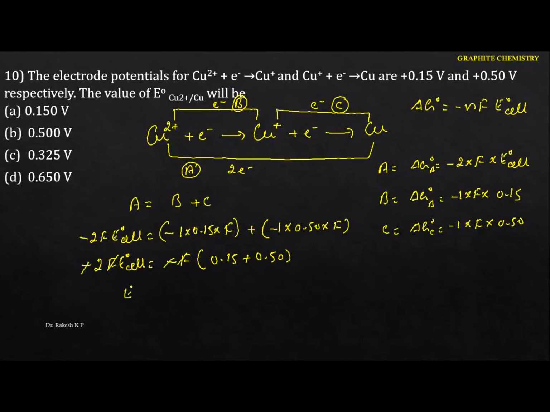The remaining: E naught cell is equal to, if you add this, 0.65 divided by 2. Here we got the value of E naught cell for the copper electrode, that is 0.325 volt. Hence in this case the option is which one? That is C. Okay, next one.